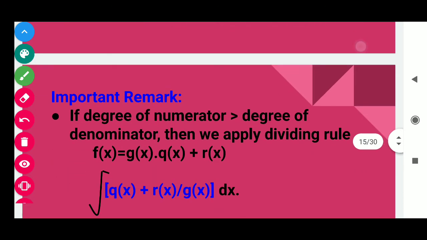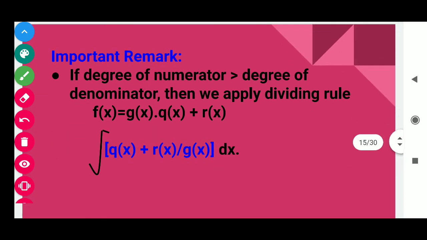Students, first of all, we'll discuss an important remark: if the degree of the numerator is greater than or equal to the degree of the denominator, then we will apply the dividing rule.